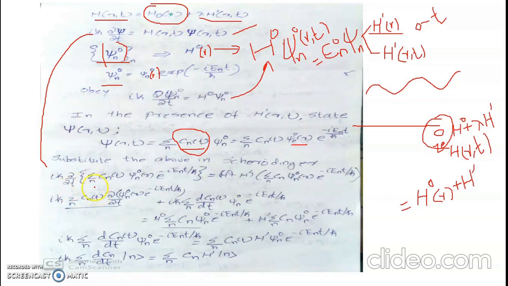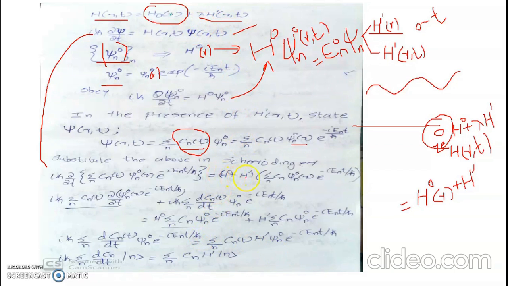So we substitute psi as summation over n Cn psi n0 e power minus i En t by h cross. That's equal to, we also substitute for H as H0 plus lambda H prime. For the time being, I have omitted lambda. I'll be retaining it whenever I am in need of it. For the time being, let me take lambda equal to 1.